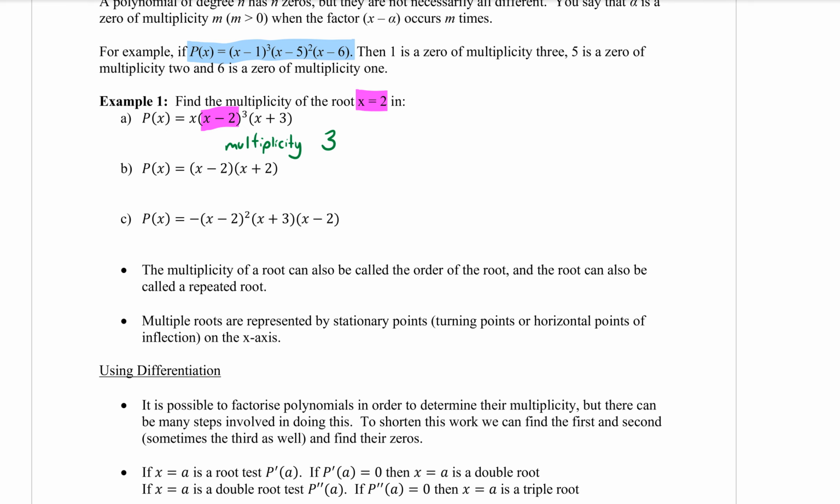For part B, we're looking for the x equals 2, which means x minus 2 when it's in bracket, not plus 2. So that has just a power of 1 there, so that would be a multiplicity of 1. And for part C, there's my x minus 2. It has a little squared on it, so it's going to be a multiplicity of 2.